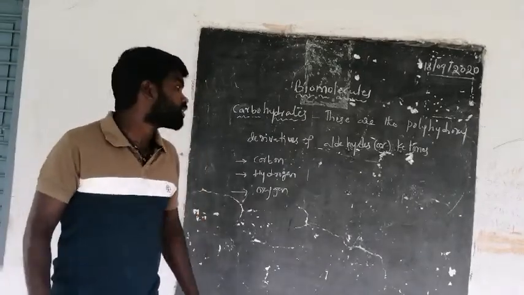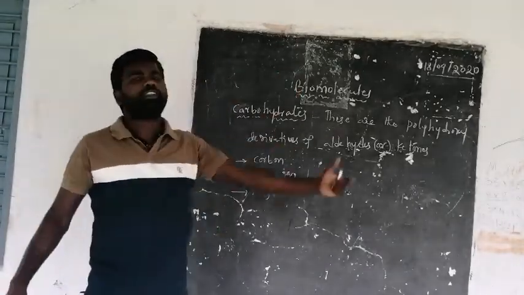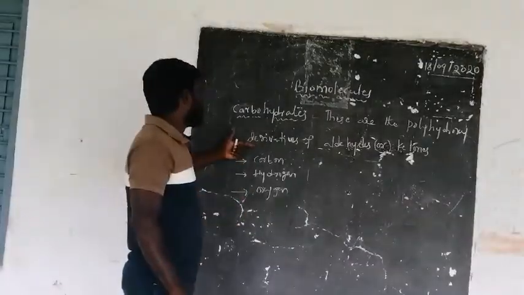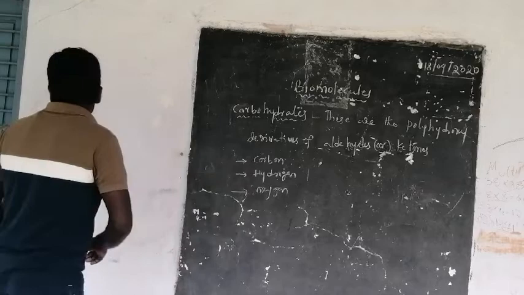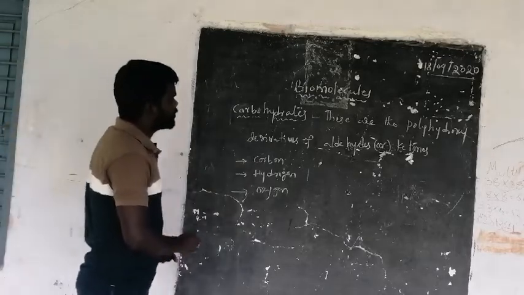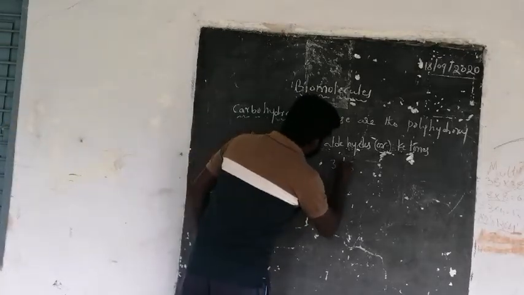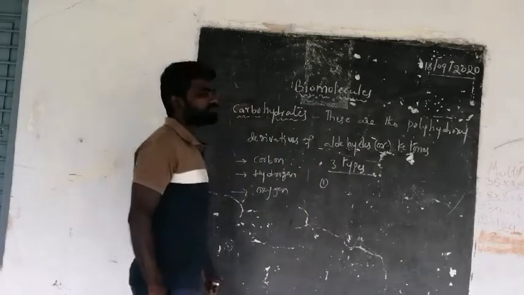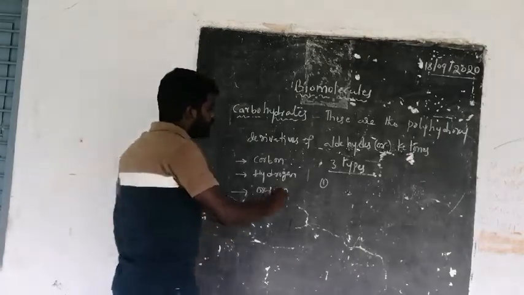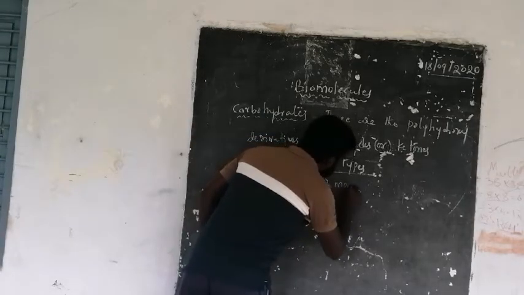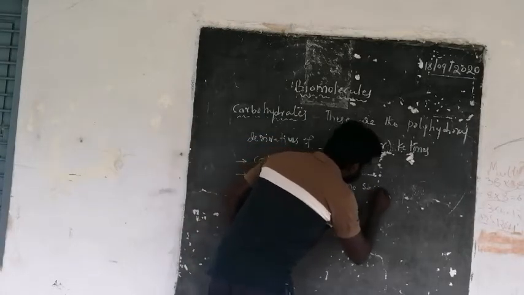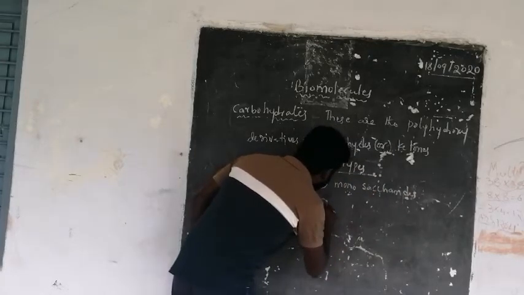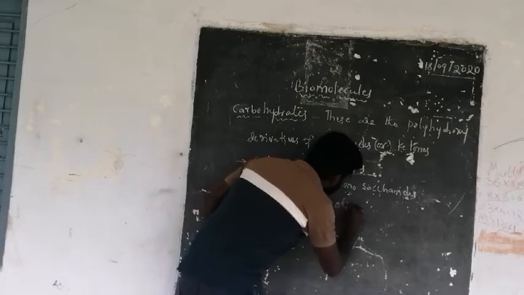structure. And these carbohydrates are mainly of three types. What are the three types of carbohydrates? Number one, monosaccharides. Number two, oligosaccharides.